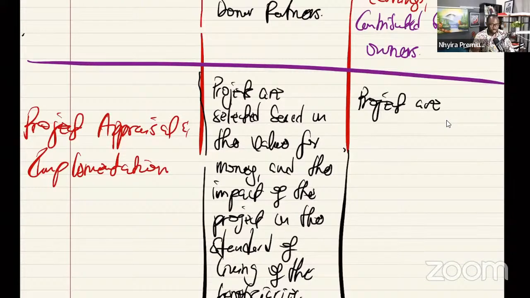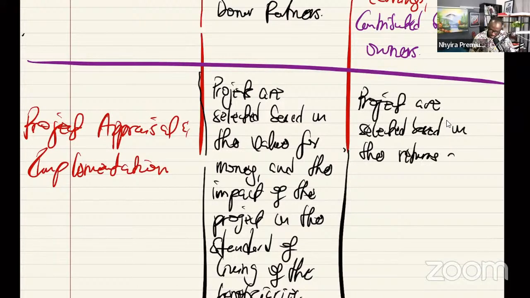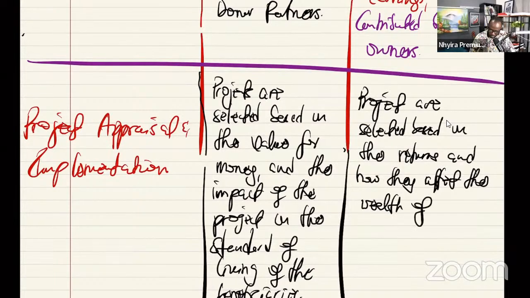Okay, so for those of you who are doing financial management or management accounting, you will learn this under investment appraisal as well. So projects are selected based on the returns and how they affect the wealth of the shareholders.